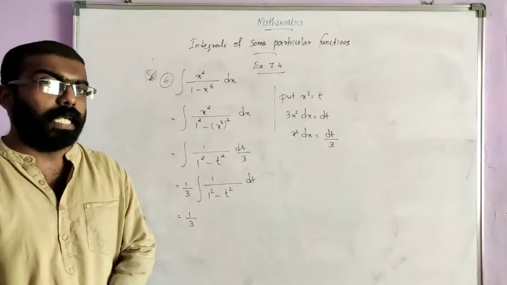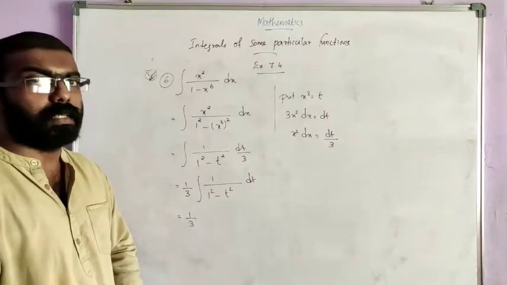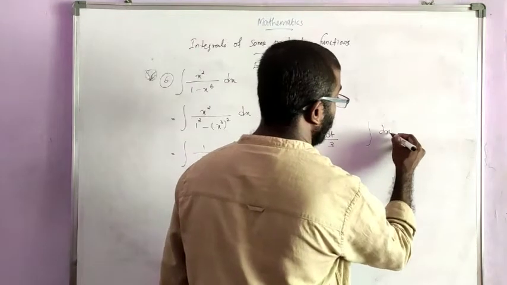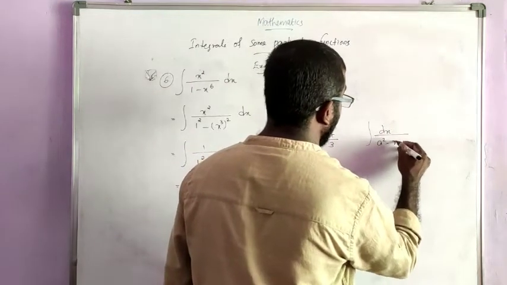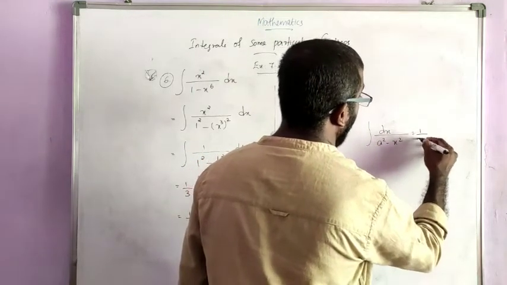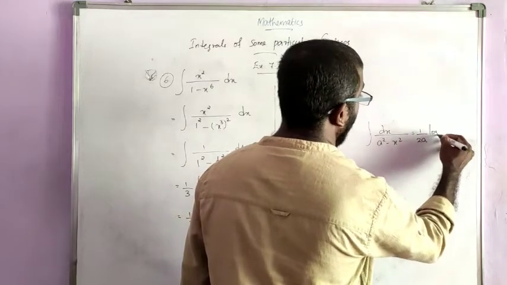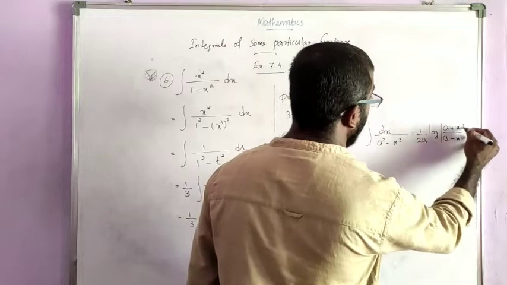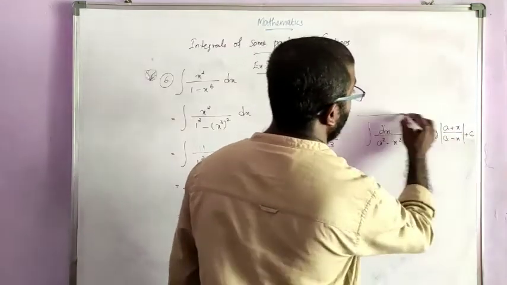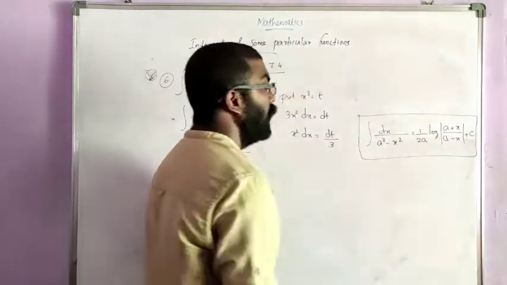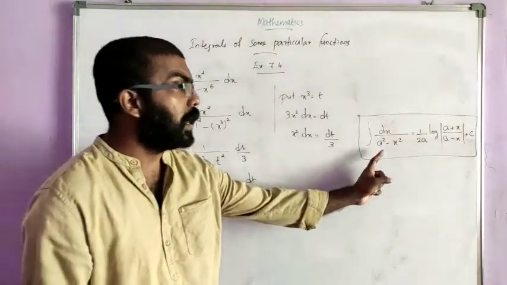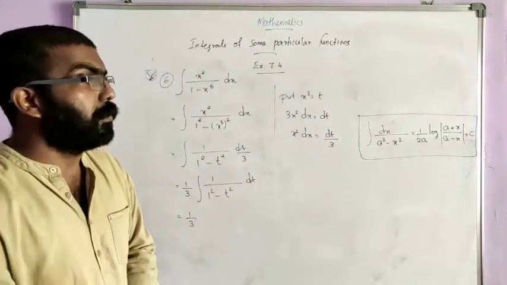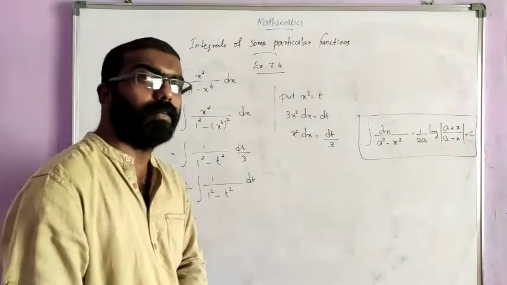The second formula: integral dx by a square minus x square is equal to 1 by 2a log mod a plus x divided by a minus x plus c.